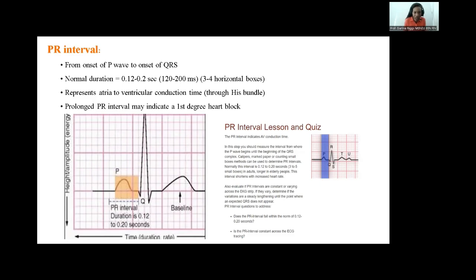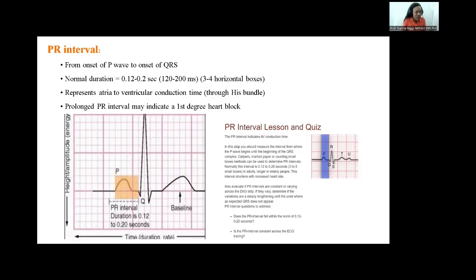Accept what the book says and pass your test question. I'm with you, I get it. We're telling you P to R, but why aren't we going all the way to the R? If you weren't taught this in class and you get a question like that, you're not looking from the start of the P all the way to the R. You're literally stopping right before the Q, like you see here in this picture: the beginning of the P to the beginning of the Q. I know it says P to R.